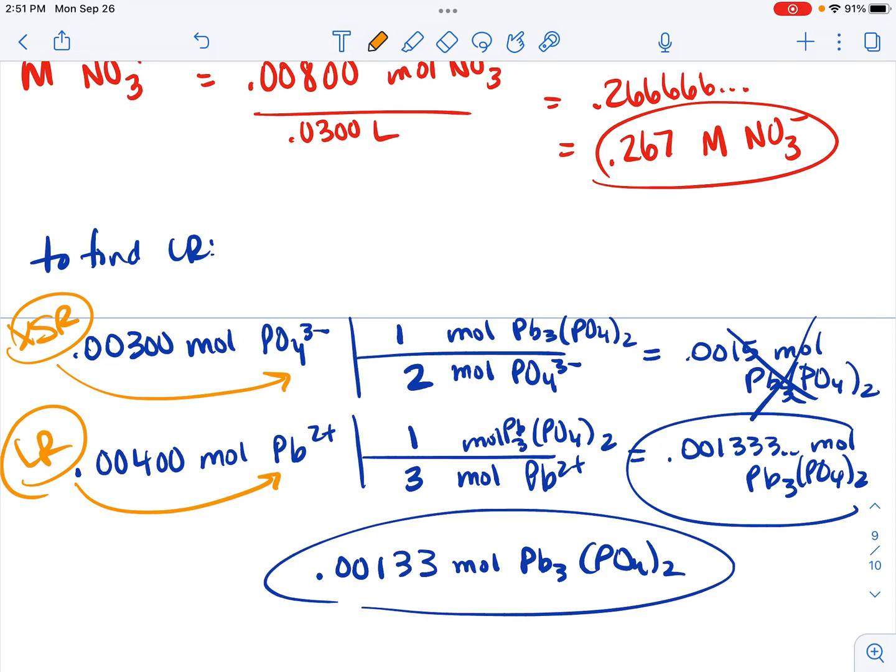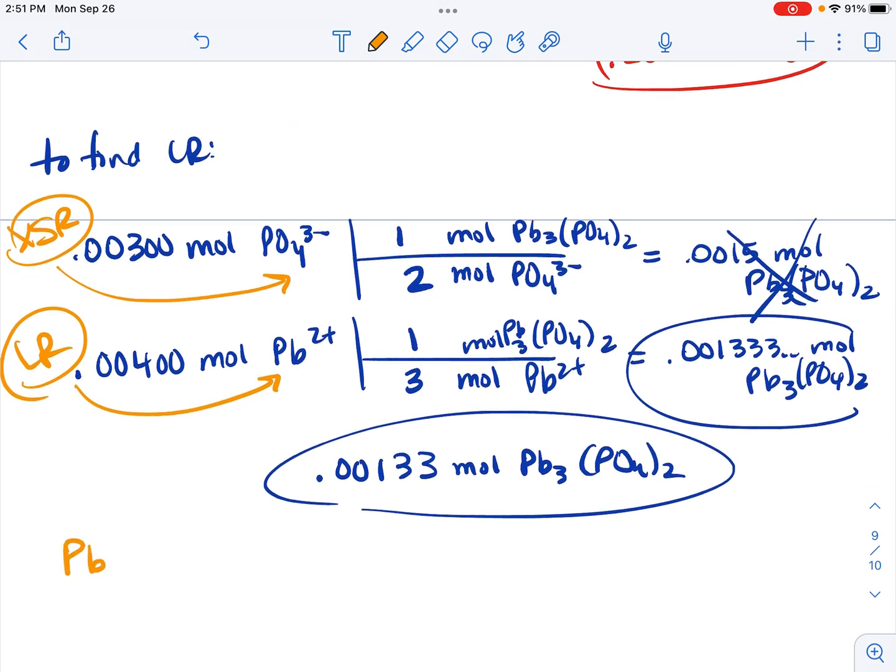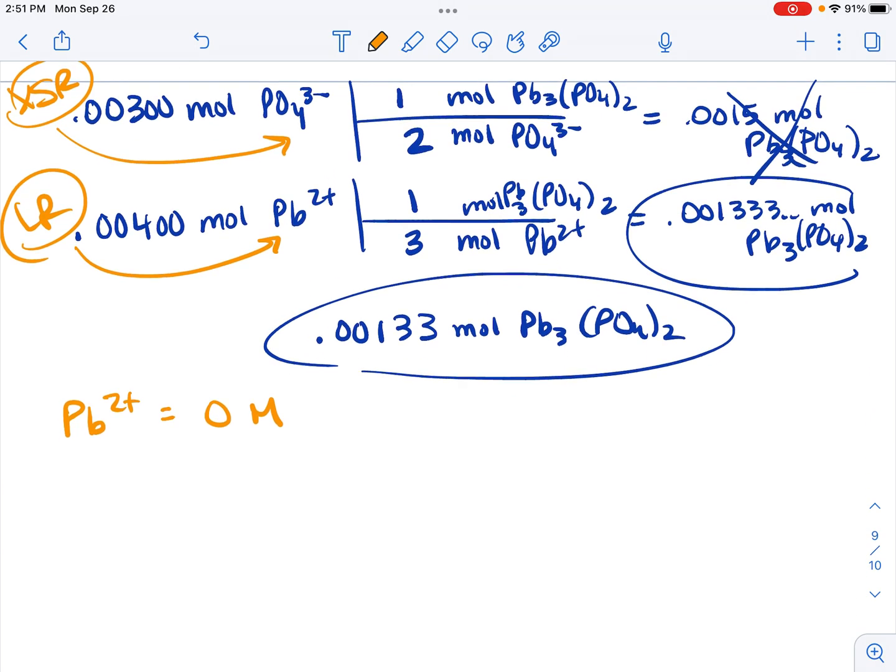Okay, so my lead ions, the molarity of the lead is 0. And this is because it's the limiting reactant and it's going to run out. So now I have only the excess left. And in order to find excess of PO4 3-, I need to know the PO4 3- I started with. And I need to subtract the PO4 3- that I used, which I don't know yet.